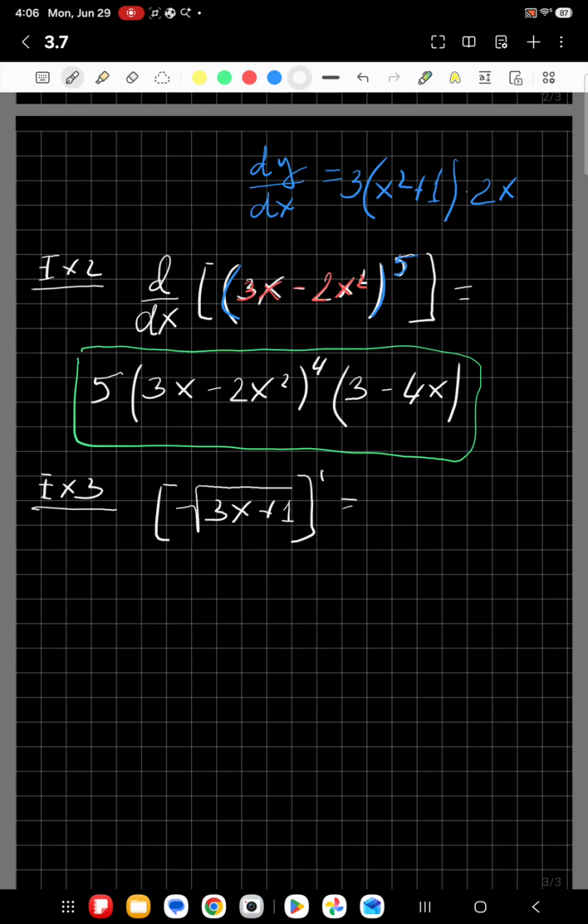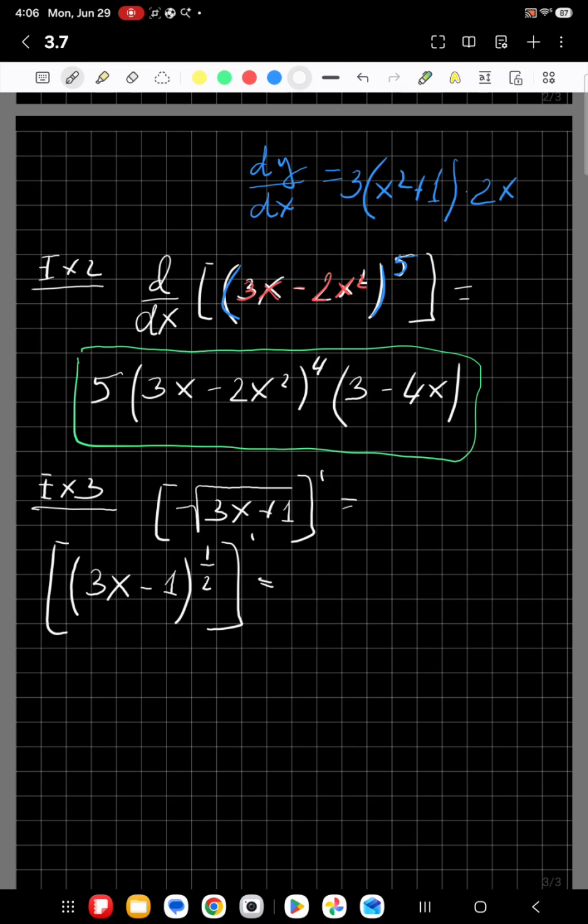The first thing we'll do is rewrite that square root in exponential form. So we'll have 3x minus 1, and that's to the 1 over 2 power. And then now we're still taking the derivative of that.